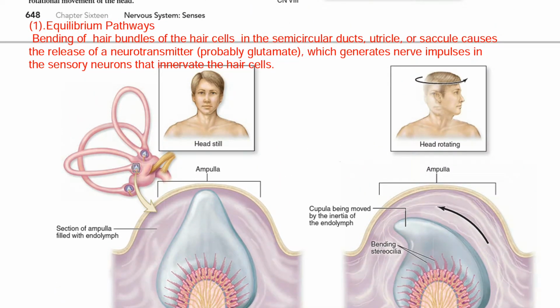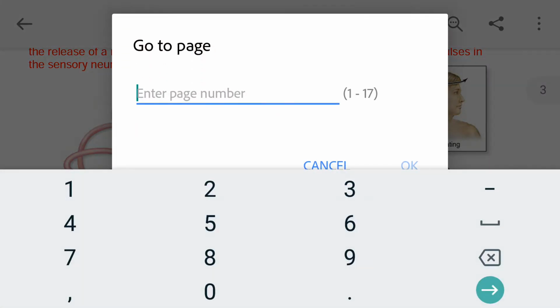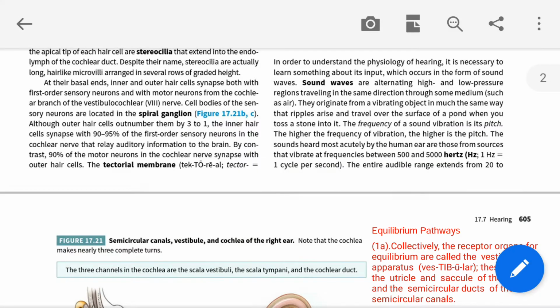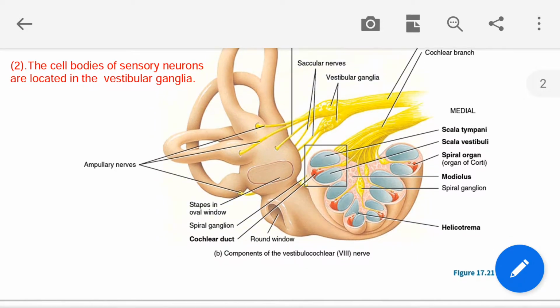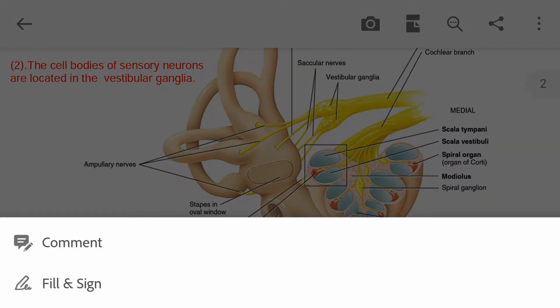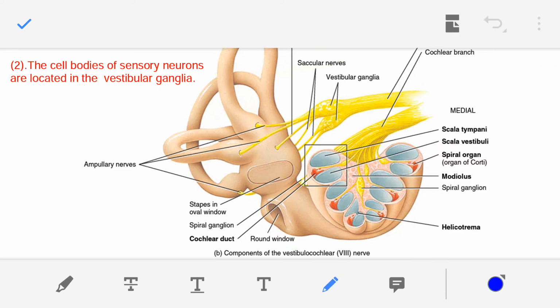Now we are discussing the second point. Here, now you see, sensory neurons make synapse with the hair cell, and the cell bodies of these sensory neurons are present in the vestibular ganglia.